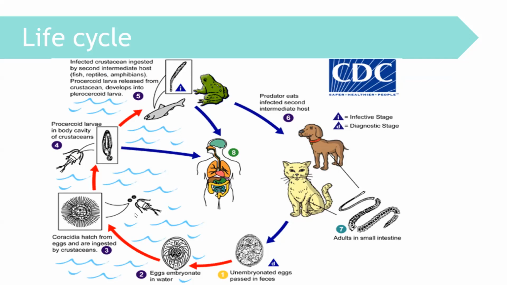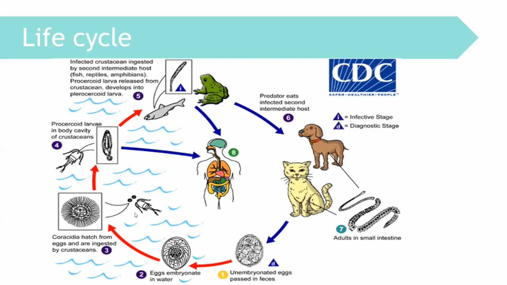So again, man ingests this parasite through ingestion of fish. Since this is a pseudophyllidean, it requires two intermediate hosts. One is crustaceans, and the other one is fish.